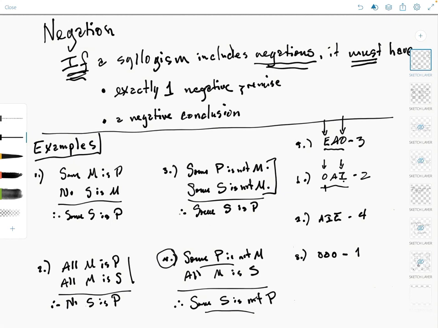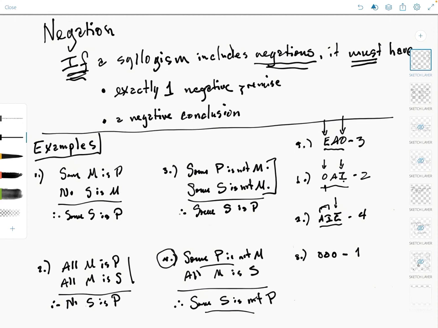Number 7, AIE4, we can skip thinking about the figure and just look at the mood. In this mood, we have two affirmative premises and a negative conclusion. So this is the fallacy of drawing a negative conclusion from affirmative premises, or the fallacy of negative conclusion for short.